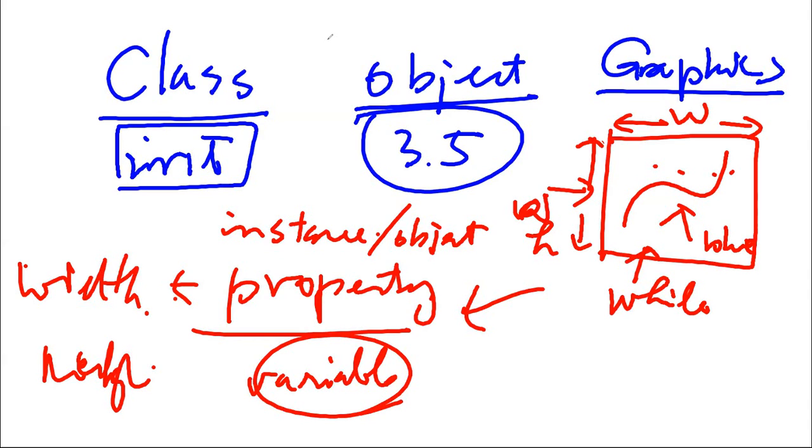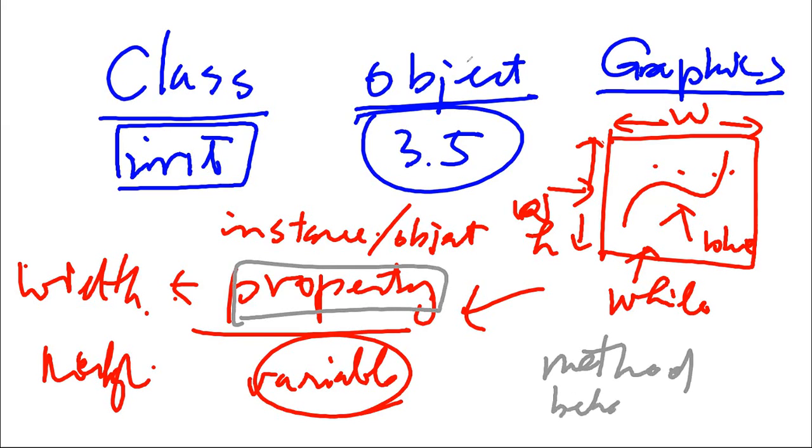Okay, now other than the properties, you still have something called methods, or something called behaviors. What's a behavior? Say I have a window with an X, and I click it, the window will be terminated. That's one behavior. The exit behavior is a function. I click it, it will be done.